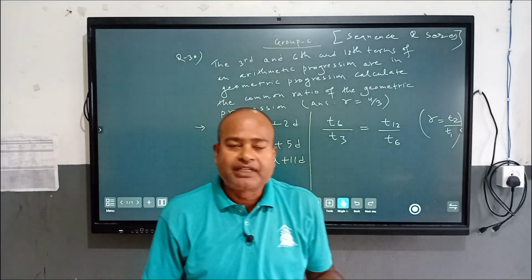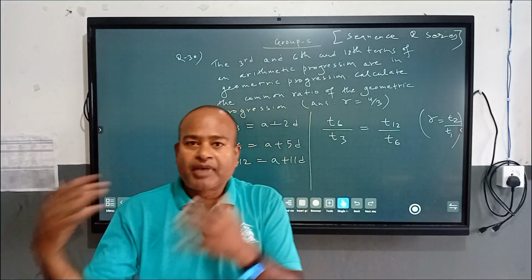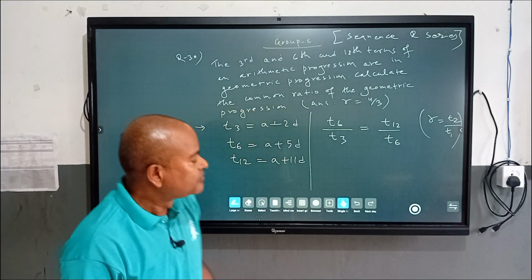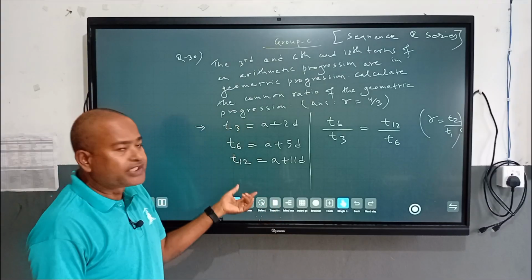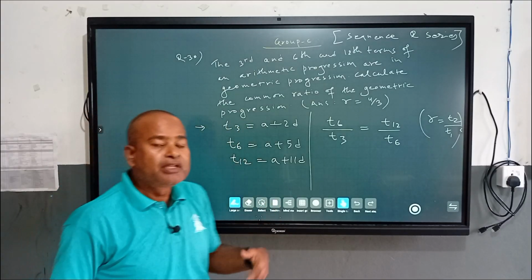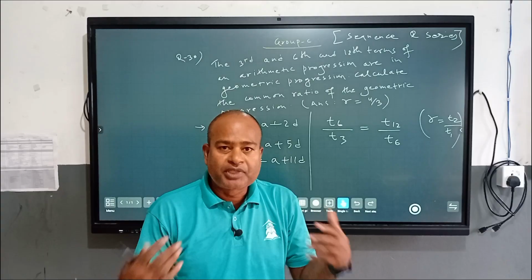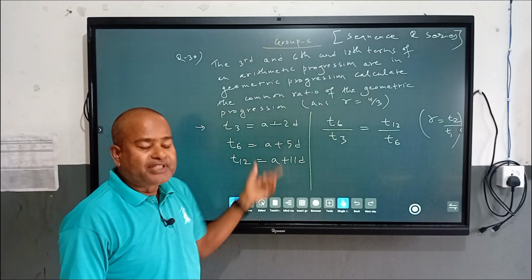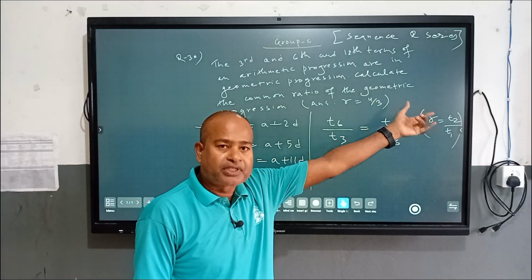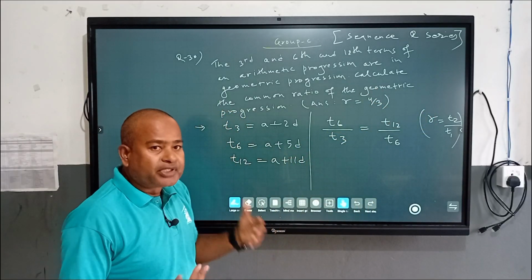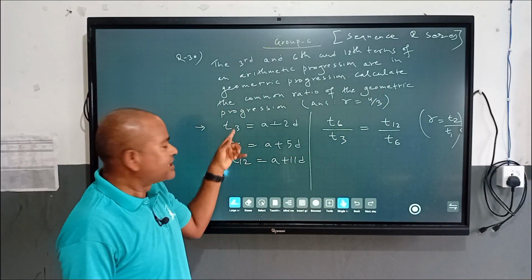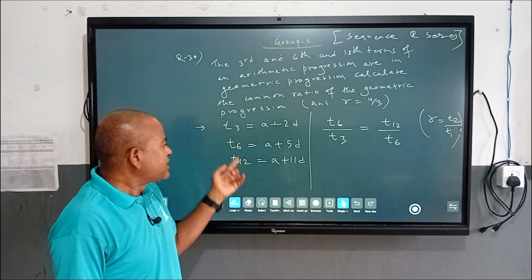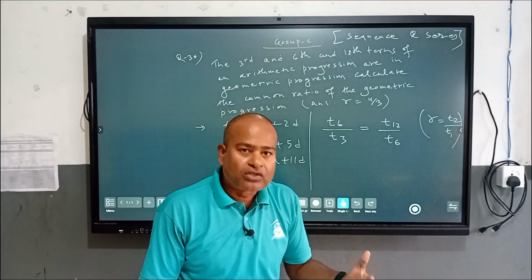That means if we divide any succeeding term by its preceding term, then we get the common ratio. Since t3, t6 and t12 are also in geometric progression, the common ratios must be equal. That means t6 divided by t3 is the common ratio, and again t12 divided by t6 is the common ratio.